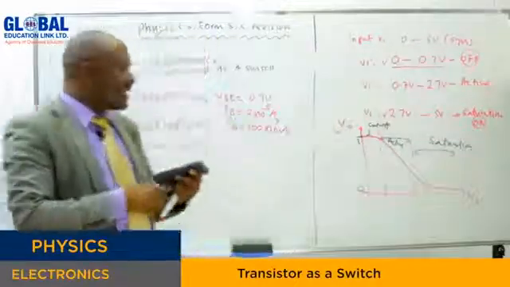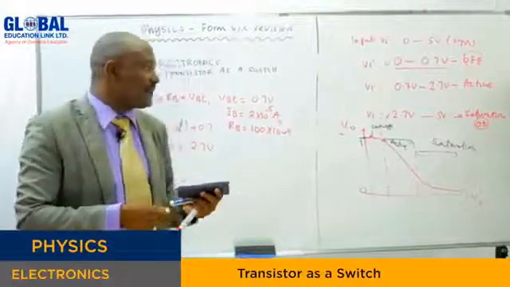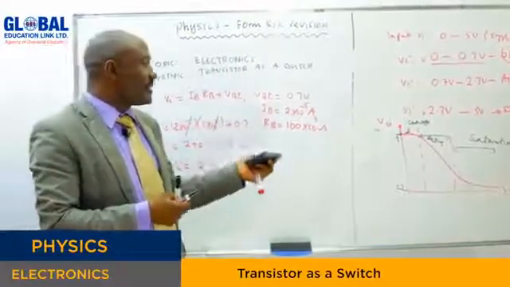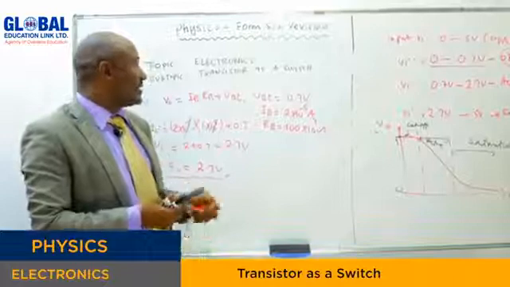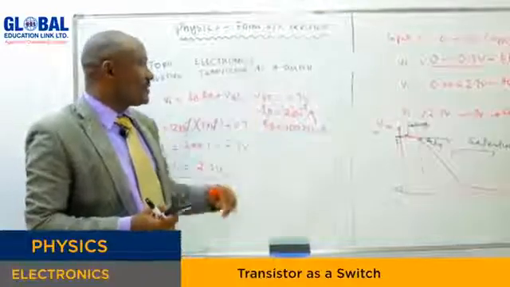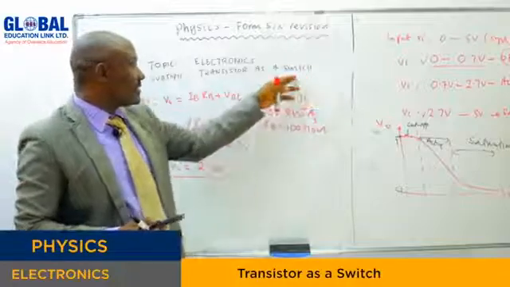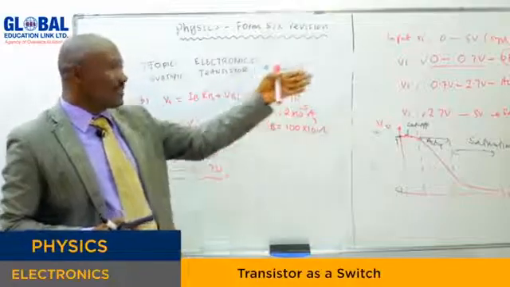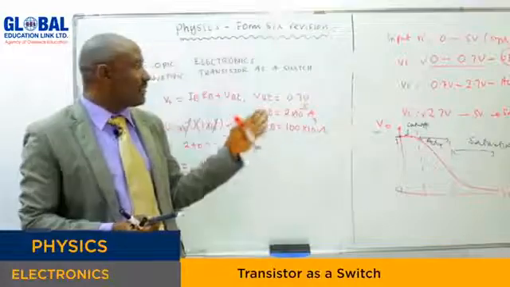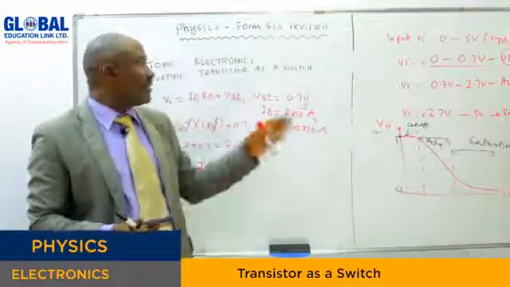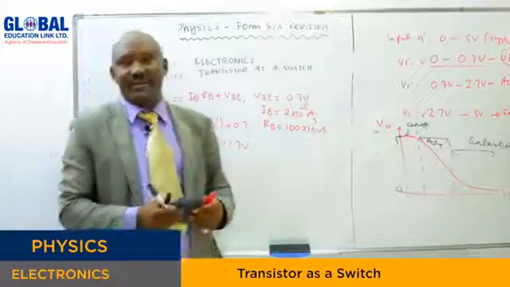So I think we have now seen how we solve different questions involving saturation and the cutoff state. From there you can use a transistor as a switch. We have taken an example where you use a transistor as a switch in the automatic light, but it can be used in other applications. If you remember, we discussed multivibrators.